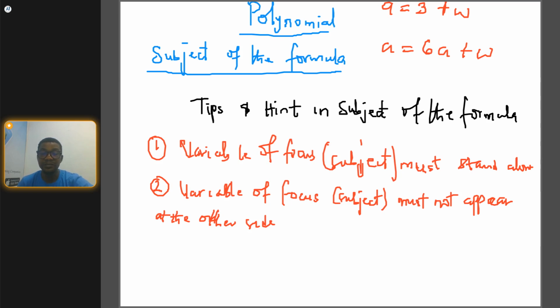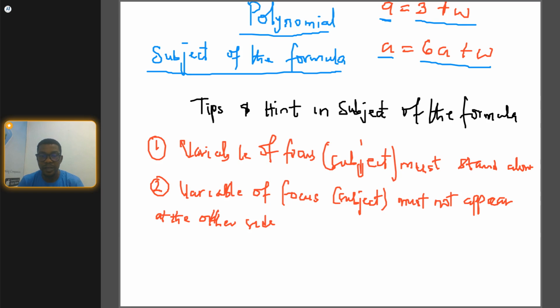Now, I said that the variable of focus must not appear on the other side. This is one side, and this is what I refer to as the other side. This is the side for the subject, and this is the other side. If A is the subject of the formula, it must not appear on the other side. If it appears on the other side, that means we have not perfectly made A the subject of the formula.